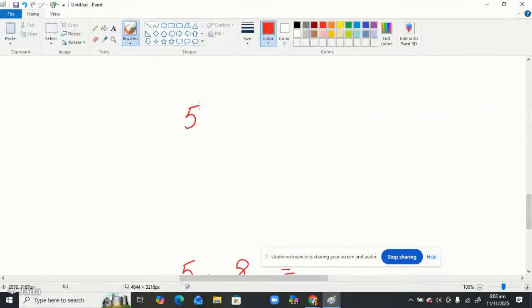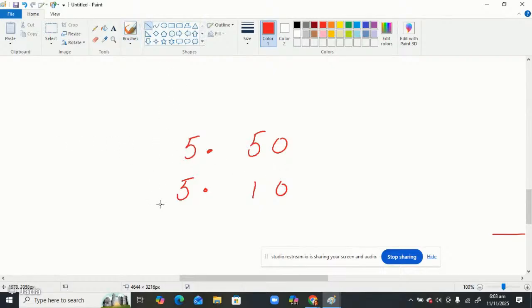Okay. 5.50 is the total she gave to the cashier, and the cost is 5.10. Then we check how much change the cashier gave back. So let's subtract. 0 minus 0 is 0. 5 minus 1, draw 5 lines.